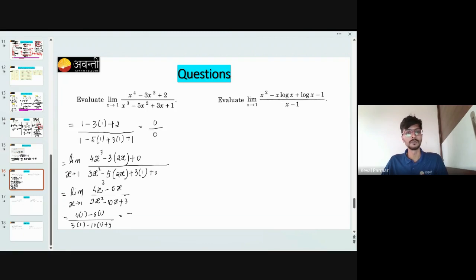So upper 4 minus 6, which is 2 upon 3 minus 10 minus 1. 1 upon 2 or 2 upon 1? I'm getting 2 upon 1. So this will be minus minus cancel. My answer will be 2. It's 2 upon 1. Please cross check. Did I make some mistake? It is 2 upon 1, which is 2, na?